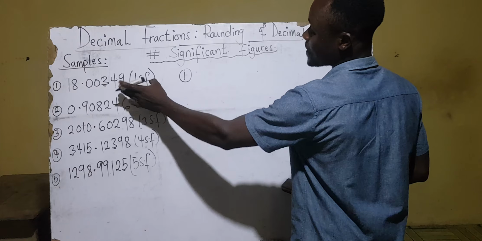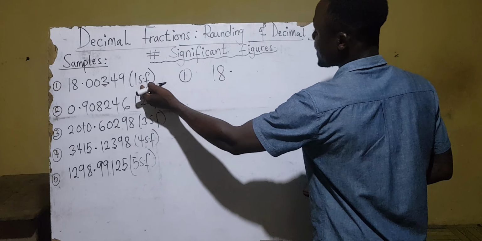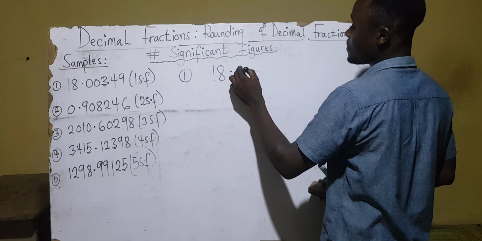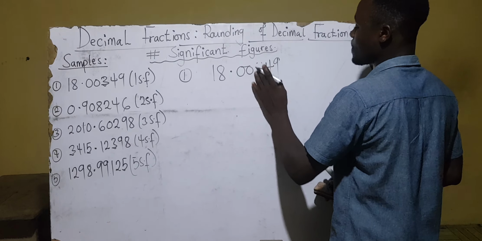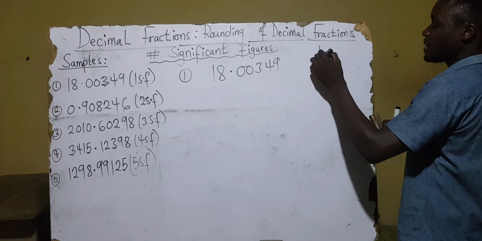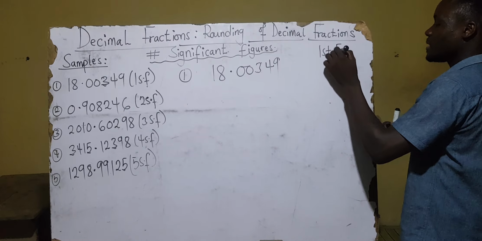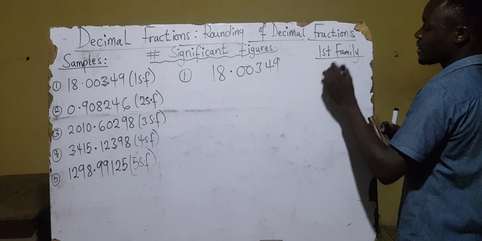So the rule for question number 1 says we should round to 1 significant place as being indicated here. So I have 18.00349. Before I start with that, let me state the families. So I have the first family. We are going to work with it, or it will help us to solve a problem here.